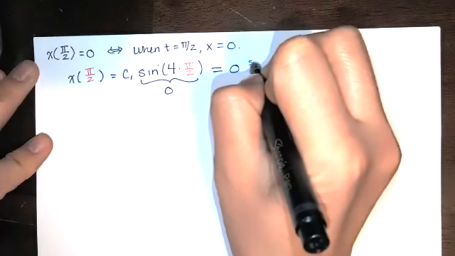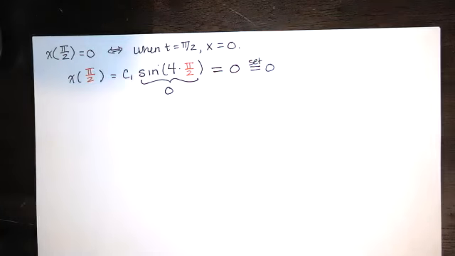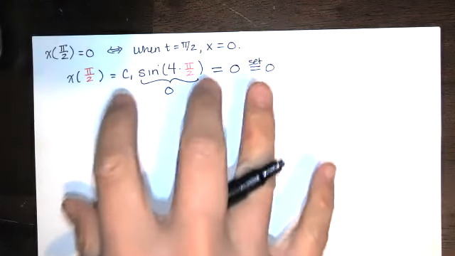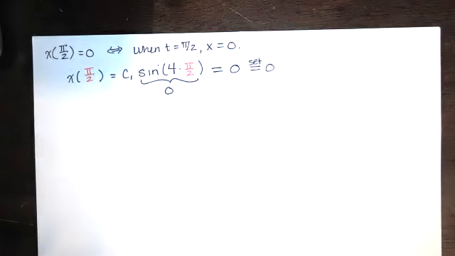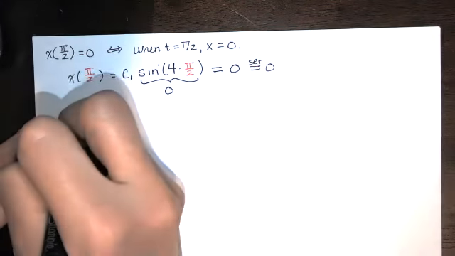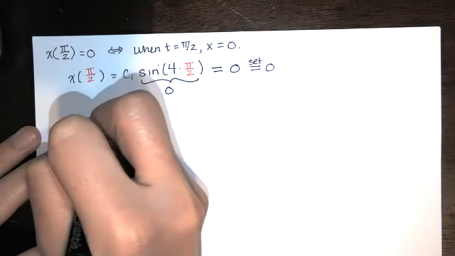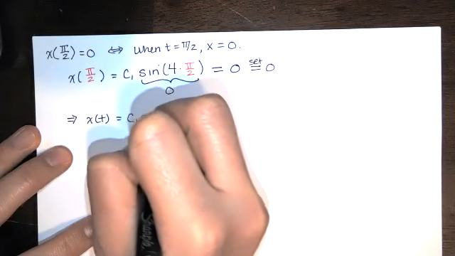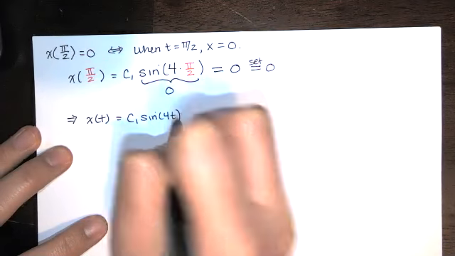And normally we would set that equal to 0 and solve for C1, but 0 is already equal to 0. So actually, it does not matter what C1 is. That second condition is satisfied. So that means the solution to the boundary value problem is C1 times sine of 4t.